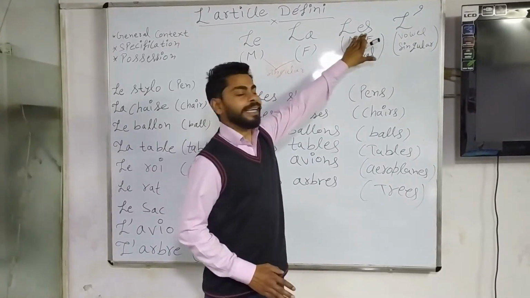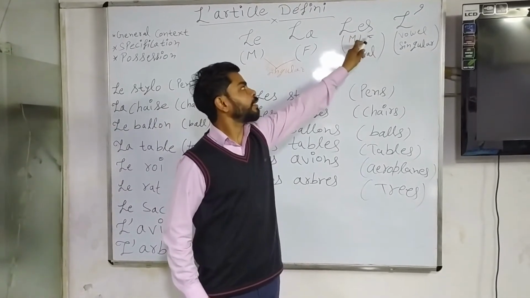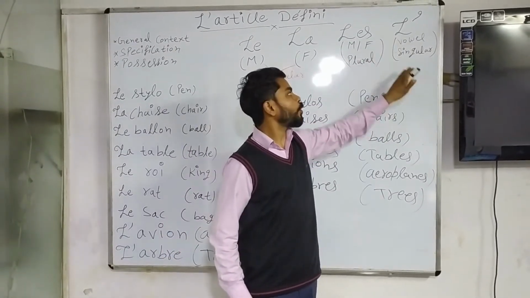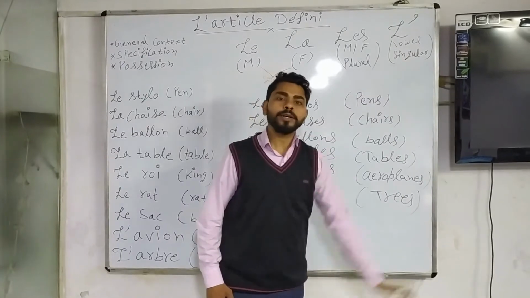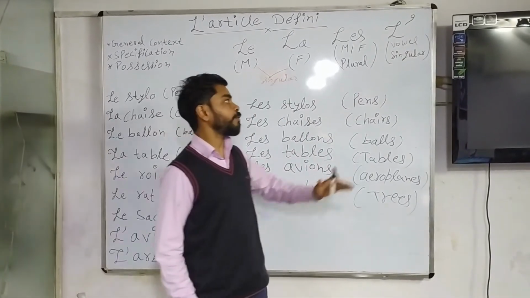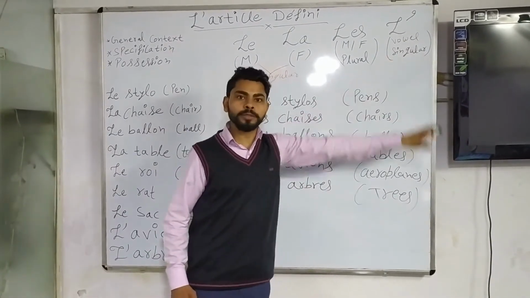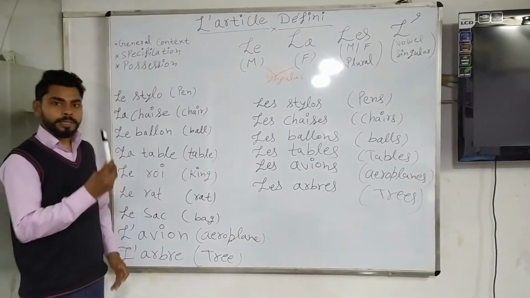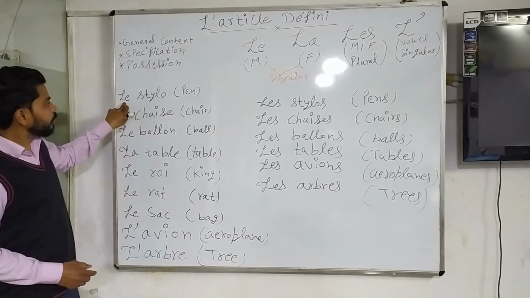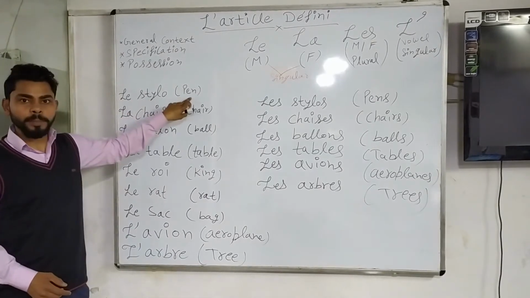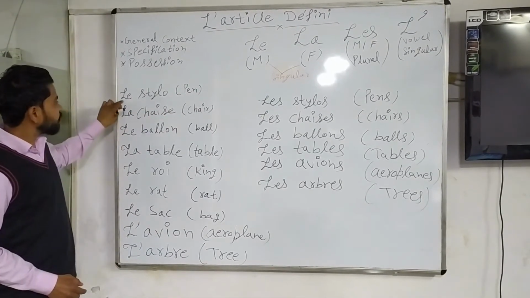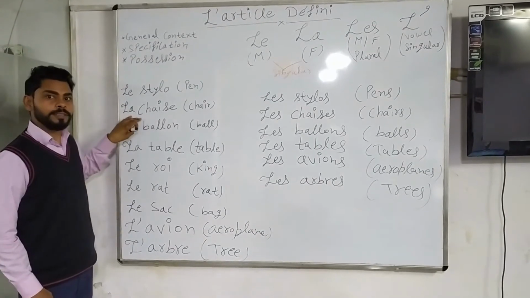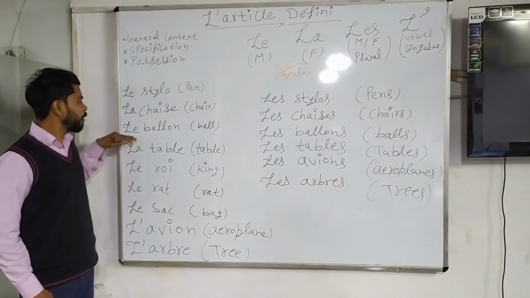So les is the pronunciation of les. And then we have l' apostrophe with any noun starting with vowels in French language, but it should be singular. So let's see some examples. For example, stylo, le stylo, which means pen. This is masculine. Then we have la chaise, which is feminine.